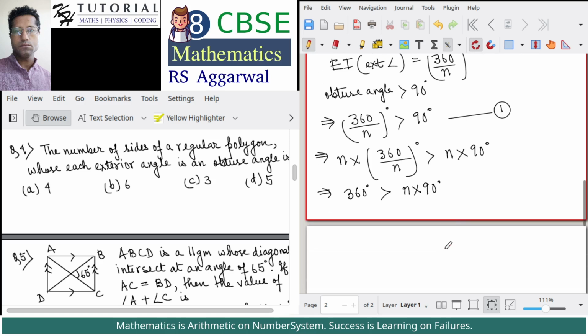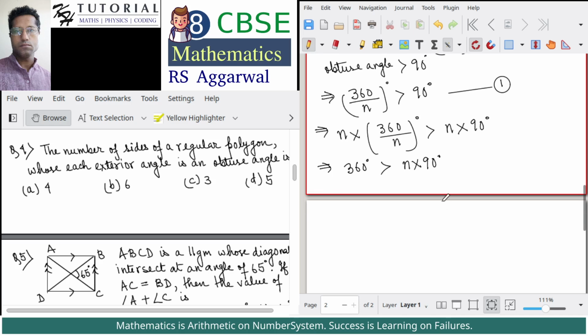From here, I can also divide the inequality by the same non-zero positive number, which is very important. So I will now divide both the LHS and RHS by 90 degree.